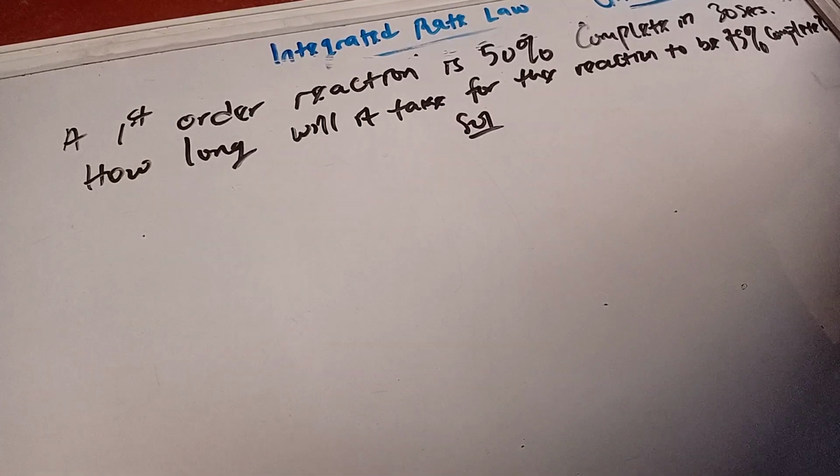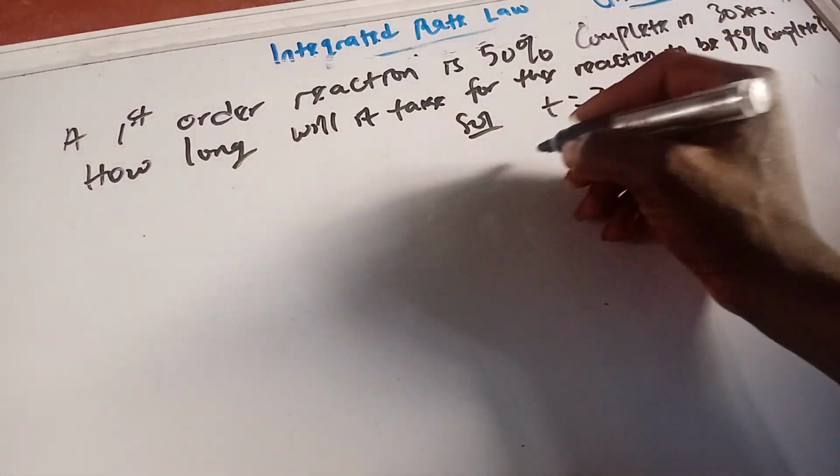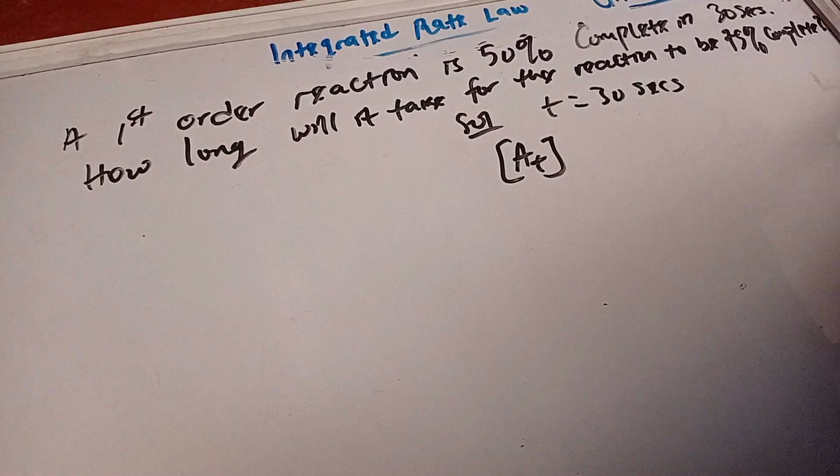So this is the next question that seems to be mixed up with the one we just finished. Now a first order reaction is 50% complete in 30 seconds. So our time is 30 seconds. Now our concentration at a particular time t. Concentration is equivalent to, and that's the mix-up I made earlier, so listen now.